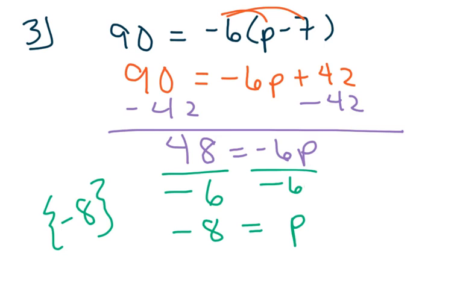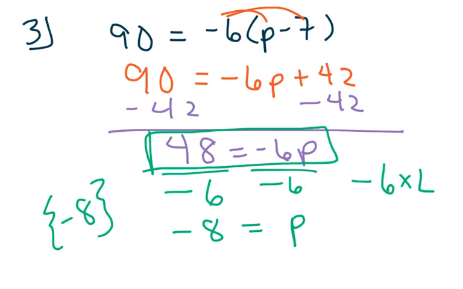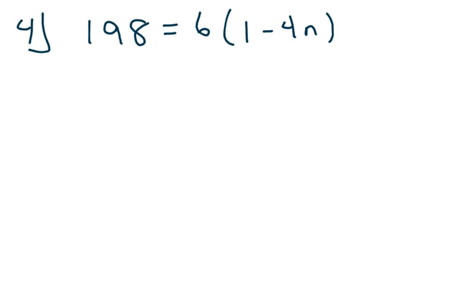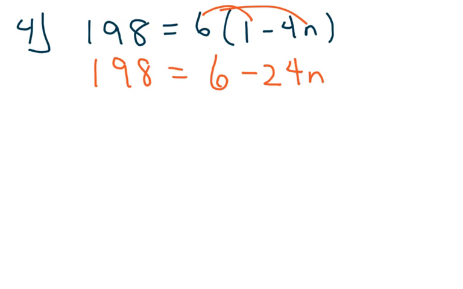On these easy ones, again, I like to do these in my head. I just say, what times negative 6, just like you did in grade school, equals 48. And you would know that's going to be negative 8. Two negatives make a positive. All right, here's a similar one. Distribute, we get 6 minus 24n. I copy down my 198.